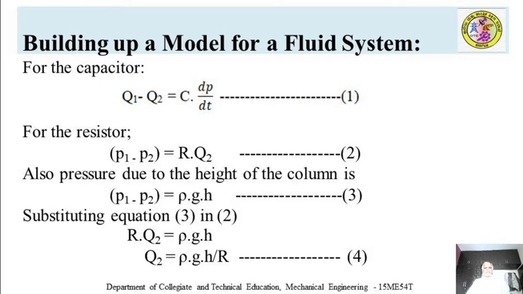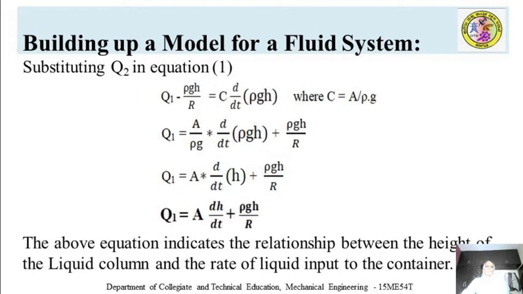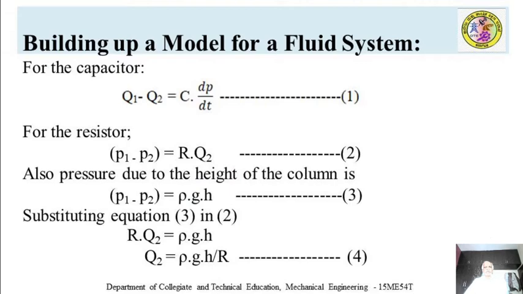Therefore Q2 is rho GH by R. So we got an expression for Q2, that is rho GH by R. Substituting Q2 in equation 1, rho GH by R is substituted, so Q1 minus rho GH by R equals C into dP by dt.